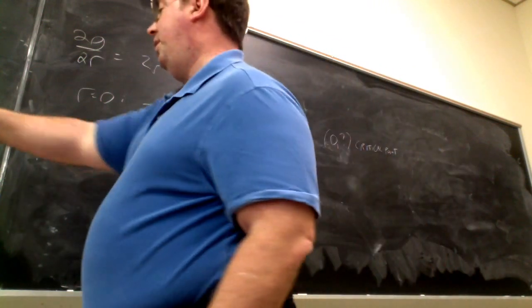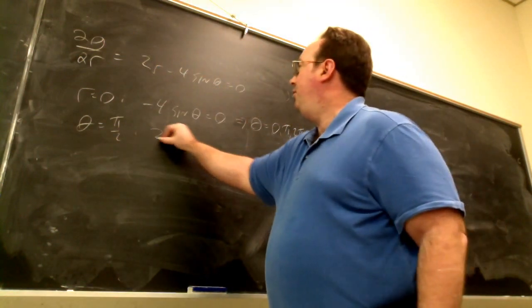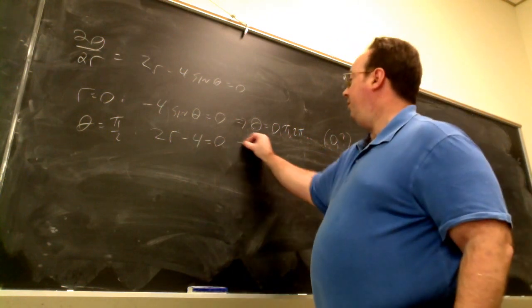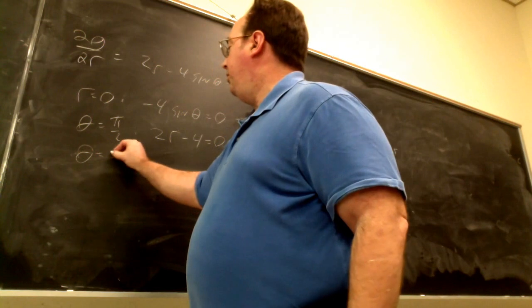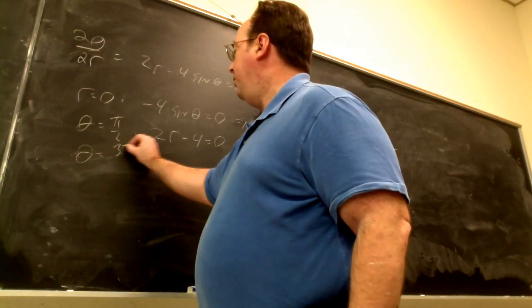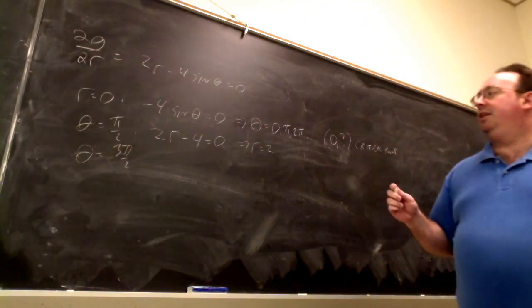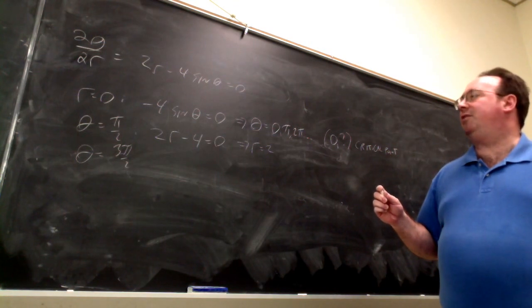And then you look at the other possibilities. Theta equal pi over 2. Well, sine of pi over 2 is 1. So 2r minus 4 is 0. So we get r equal 2. And then theta equals 3 pi over 2. What's sine of 3 pi over 2? At the bottom of a circle.